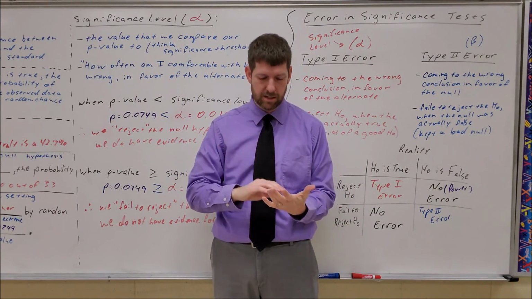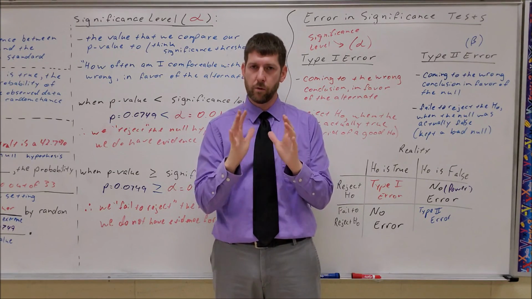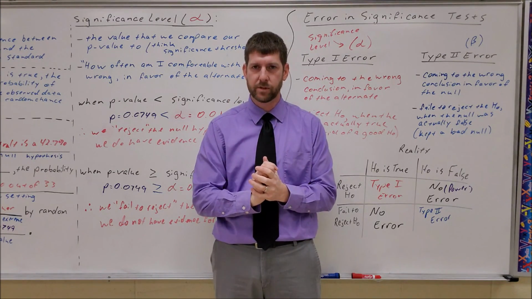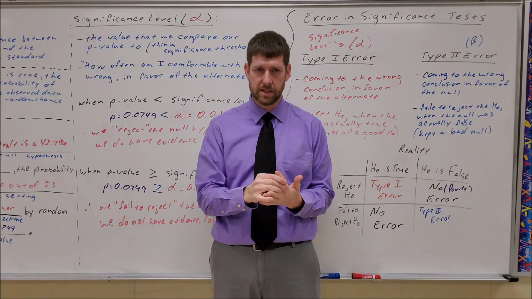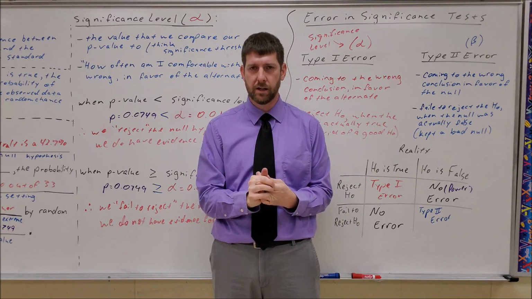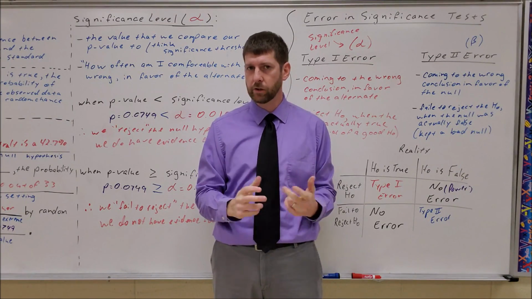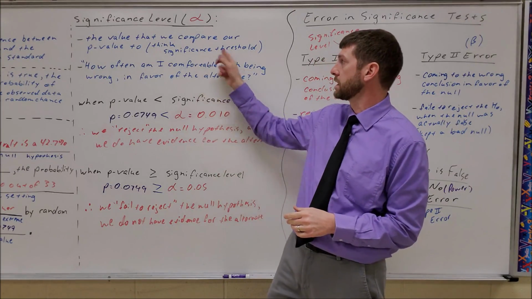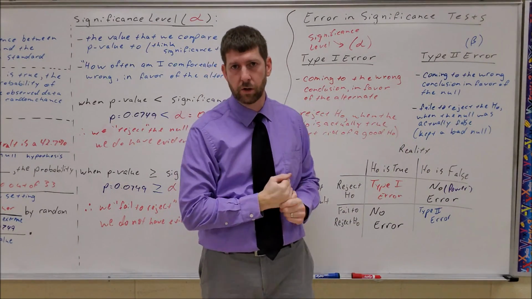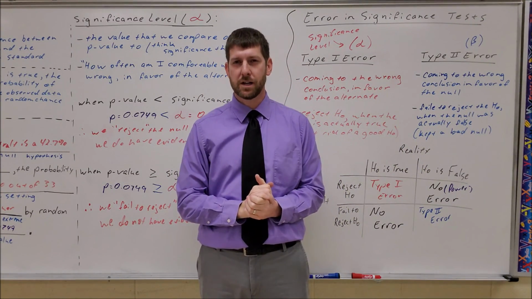So a significance test is just getting it written up in a formal statement with hypothesis statements, and then getting a test statistic, finding the corresponding randomness probability or p-value, and then comparing it to a significance level or significance threshold. So that's it, and I will see you guys in class tomorrow.